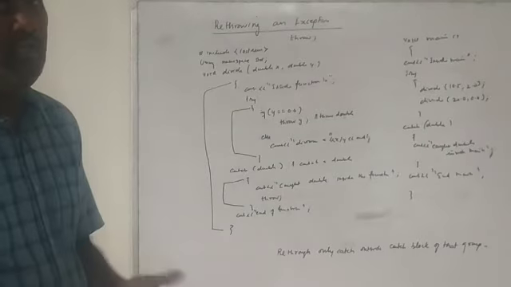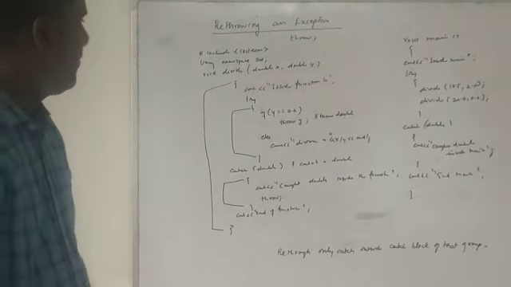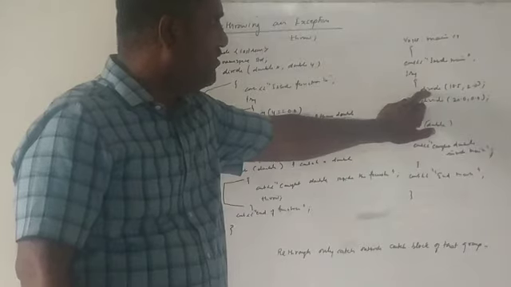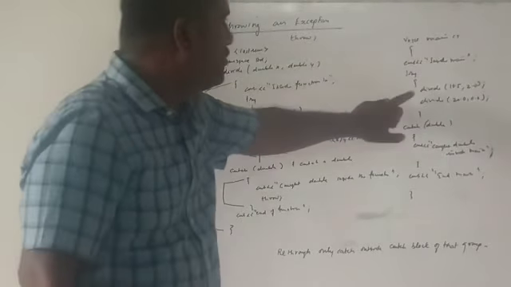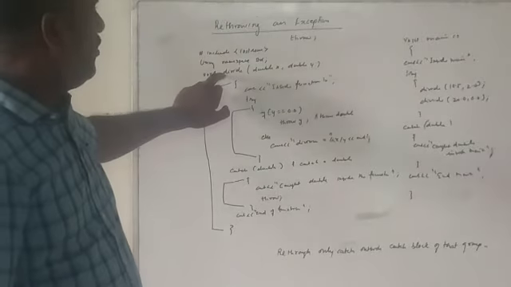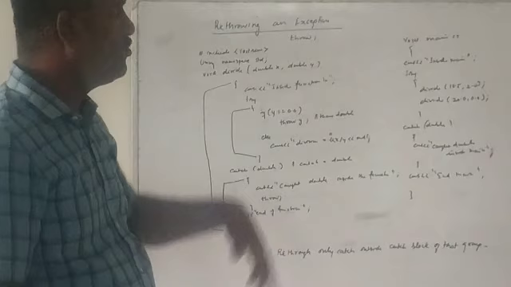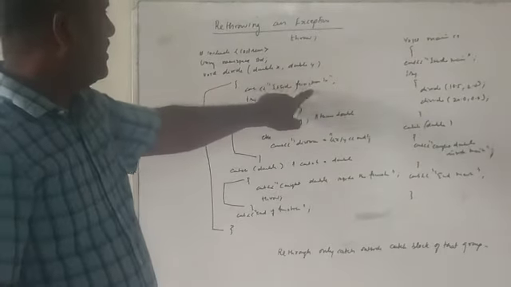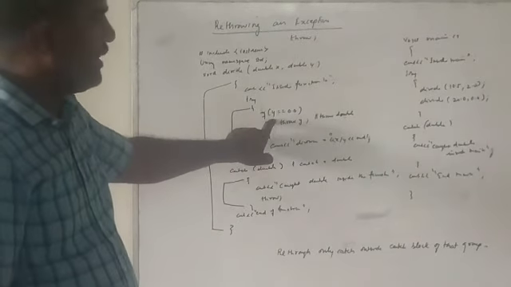How is this program executed first? You call the function divide, passing the arguments 10.5 and 2.0. Here the x value is 10.5 and the y value is 2.0. Inside the function, the try block executes and checks the y value.